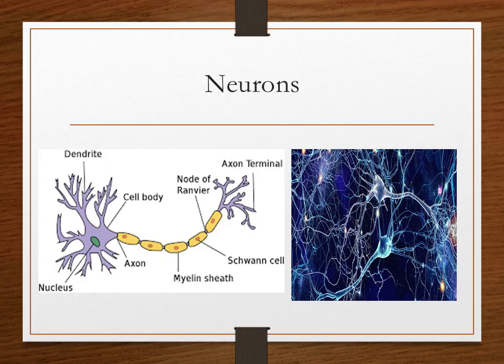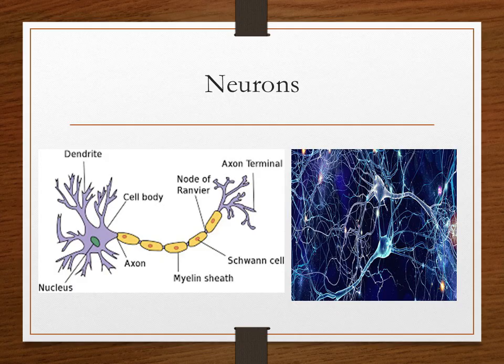The part between the two nodes is called the internode. The internode is occupied by a cell called Schwann cell with a nucleus. This myelin sheath is actually secreted by the Schwann cells, and the neurolemma is the plasma membrane of the Schwann cells.